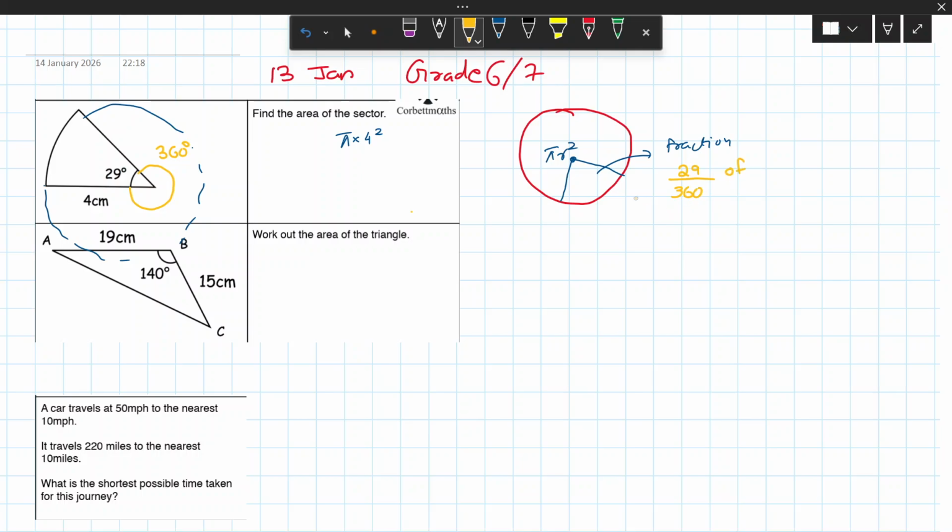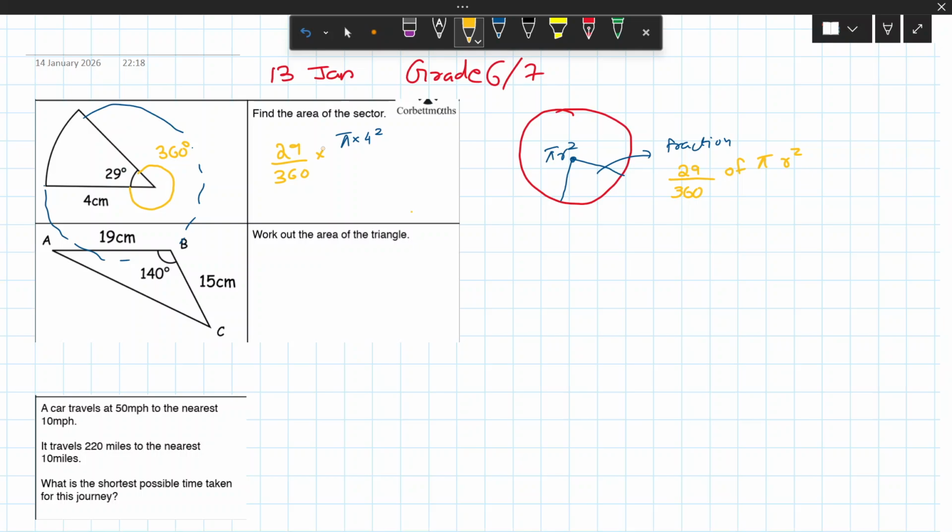So the area of this piece, this fraction of the circle, this sector, this slice, would be 29 over 360 of pi r squared. If I plug that into my calculator, that would be 29 over 360 times pi r squared, so pi times 16.